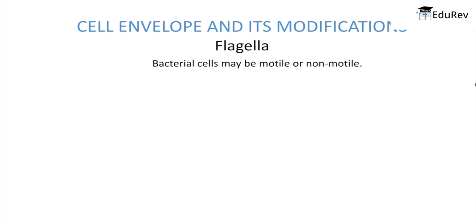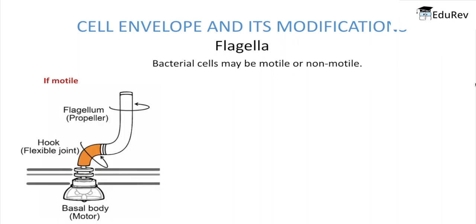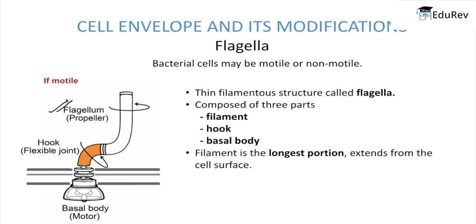So the bacterial cells can be motile or non-motile. If the bacterial cells are motile, they have extensions from their cell wall, which is called a flagellum, or in plural form, flagella. This flagellum is composed of three parts. First one is the filament, because of which the bacterial cell gets the push to move forward.